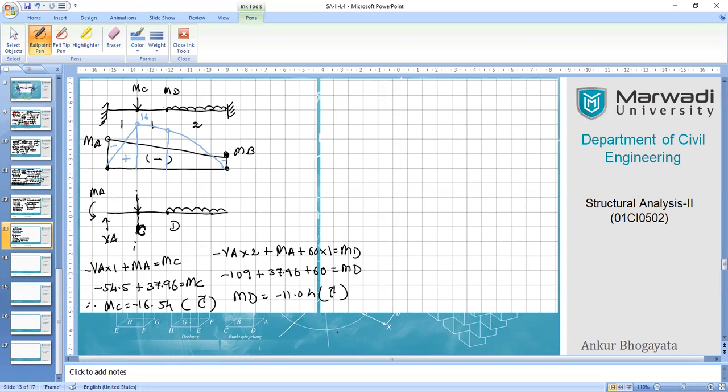In that case, you should not consider the end moments, that's all. So you can take all the values with you and draw the shear force diagrams. Like you can have the VA values, you can have VB values, and finally you have 60 and 10 kilonewton as the forces. So you can obtain your shear force diagrams as well.